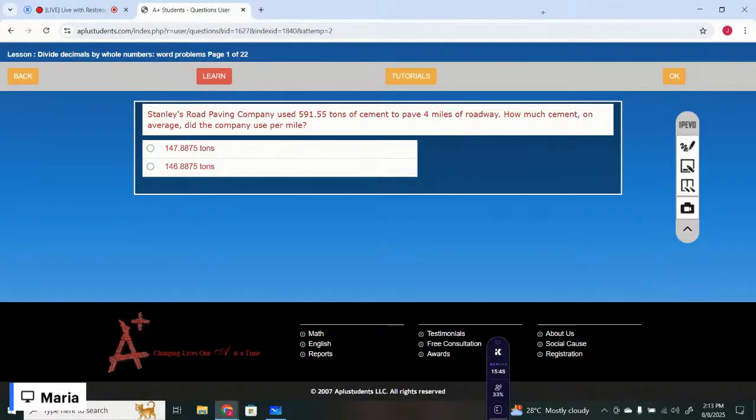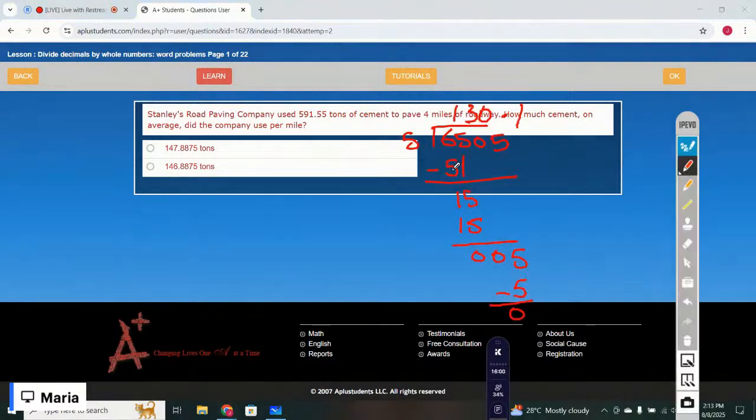Stanley's road paving company used 591.55 tons of cement to pave 4 miles of road. How much cement on average did the company use per mile? 591.55 divided by 4. 4 times 1 is 4. 5 take away 4 is 1.